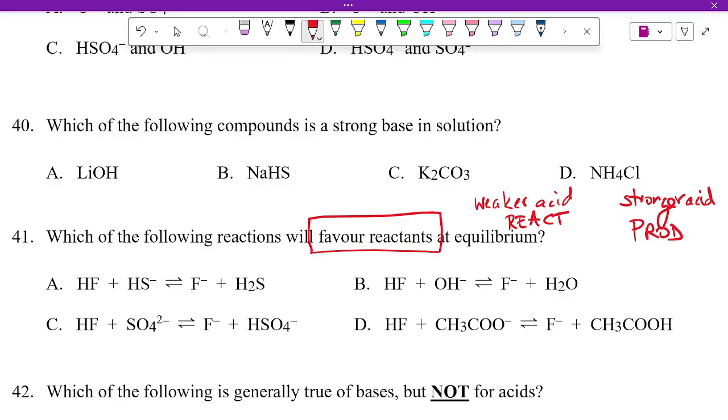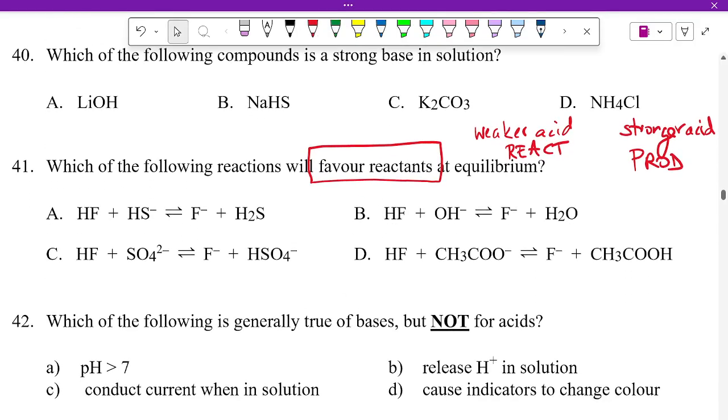So what we're going to do is identify the two acids in each equation and compare their strength. In this first one, HF is giving a proton. So this is our acid, and this is our acid.